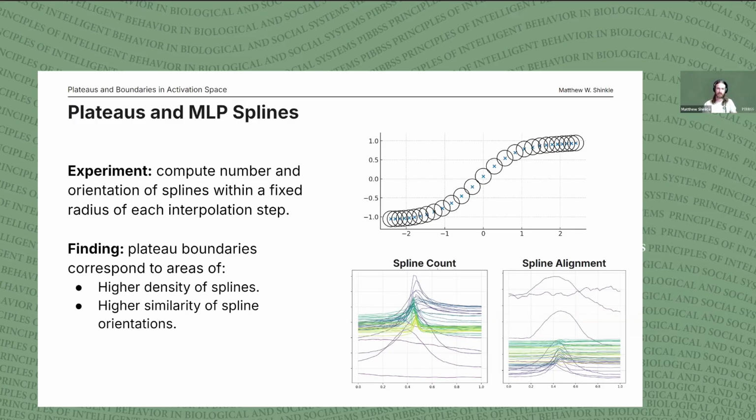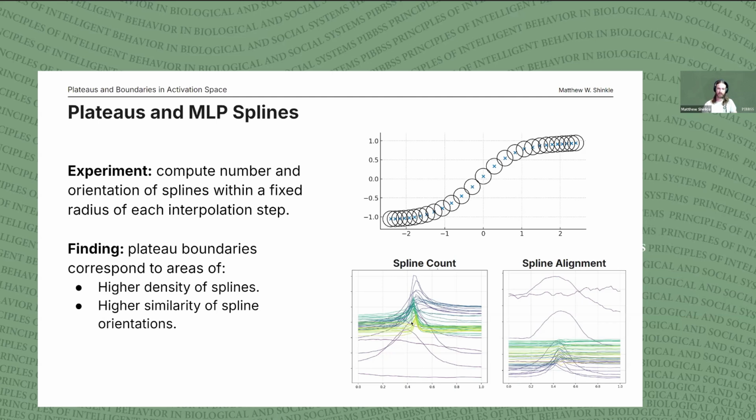To explore this, I took the activations at each interpolation step and computed which splines lay within a pre-specified radius around these activations, like here on the top right. And indeed, when I look at the number of splines within this radius at each step, we see a big jump at the same places where the plateau boundaries lie.